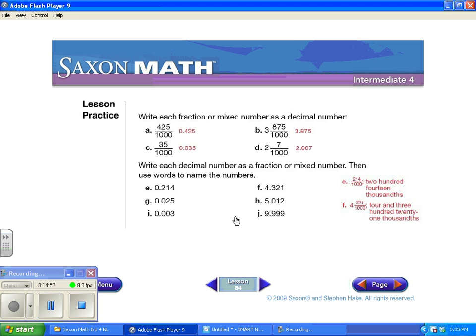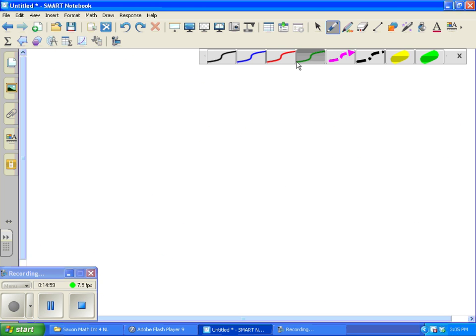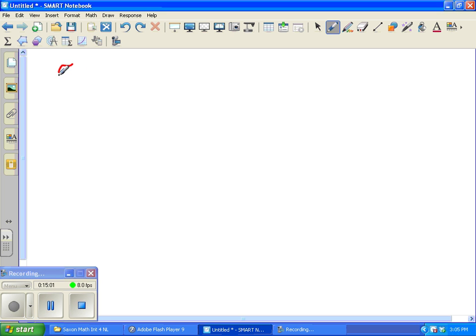Okay. Now let's look at H. We have to say 5 and then I read what I see, 12, and I stop at the thousandths position.